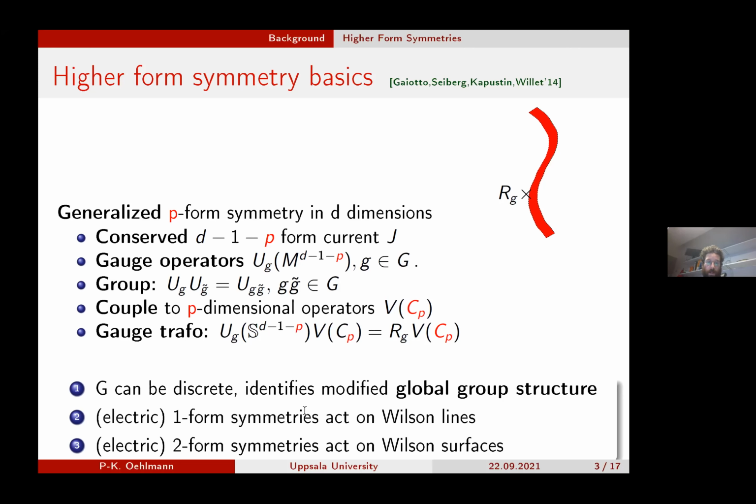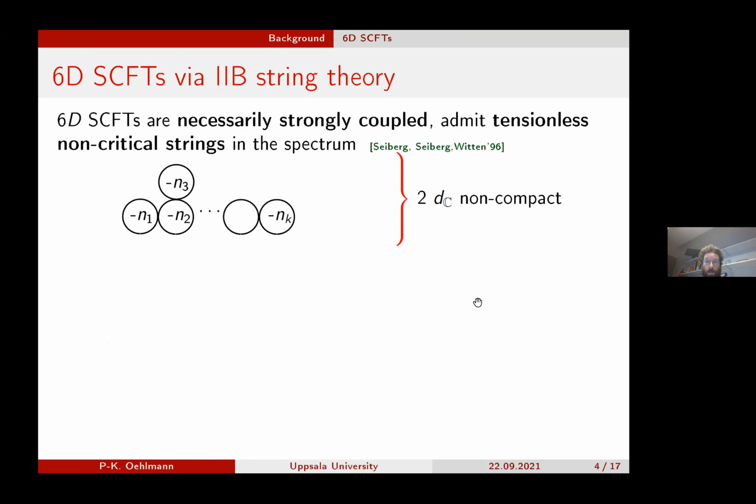The operators that these symmetry transformations in the electric case will act on are, for the one-form symmetry case, Wilson lines, and for the two-form symmetry case, Wilson surfaces.